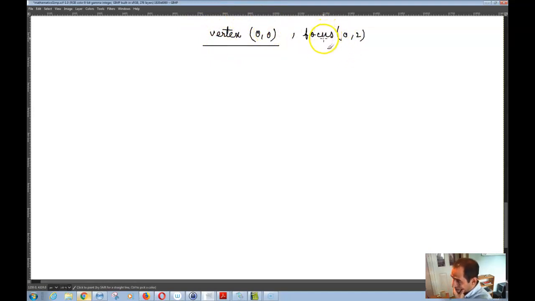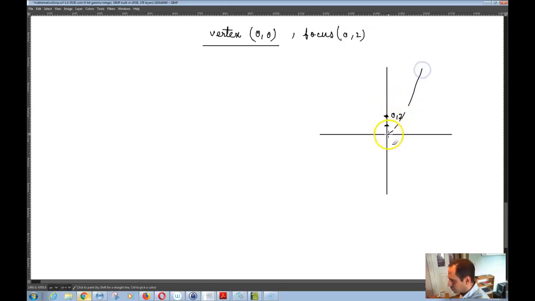The important thing is that the focus is at (0, 2). That means your parabola goes upwards, and your directrix is somewhere over here, y is equal to -2.